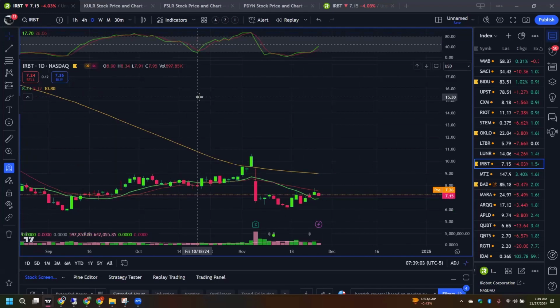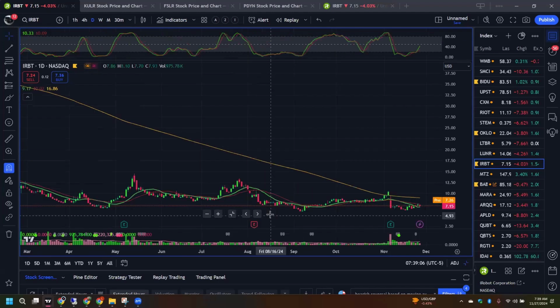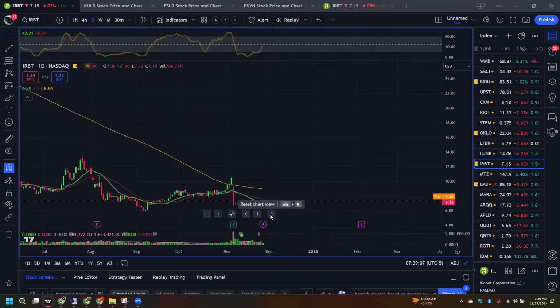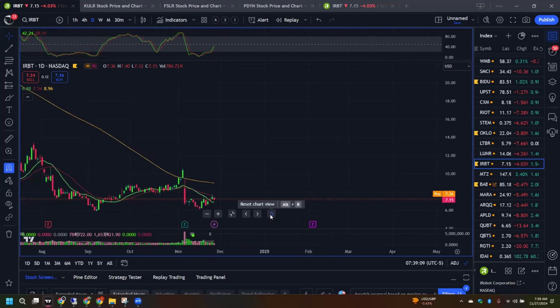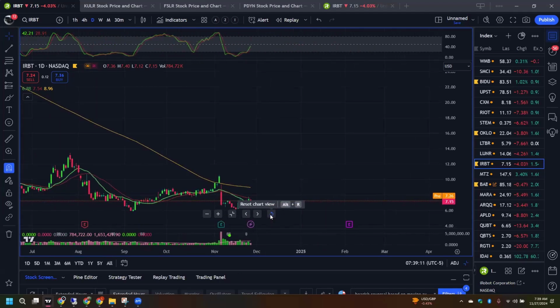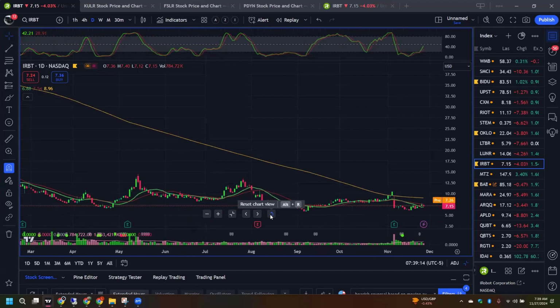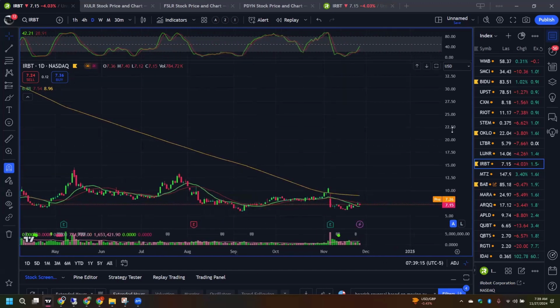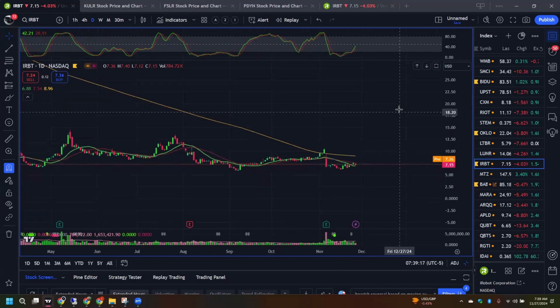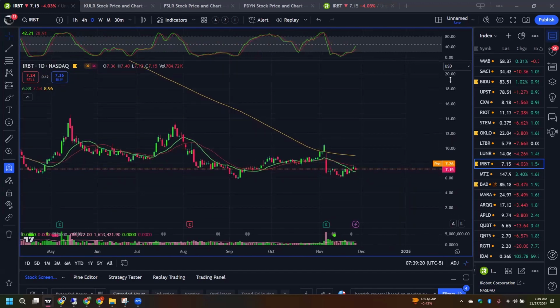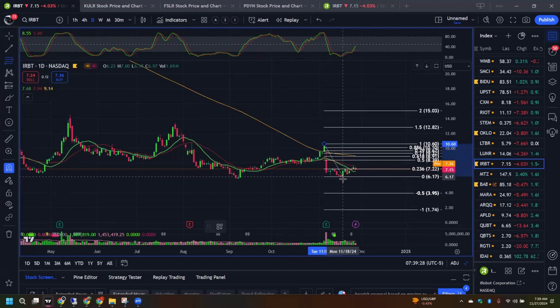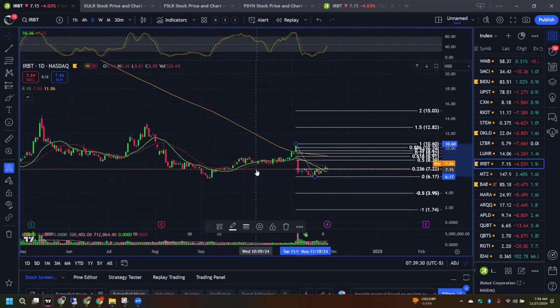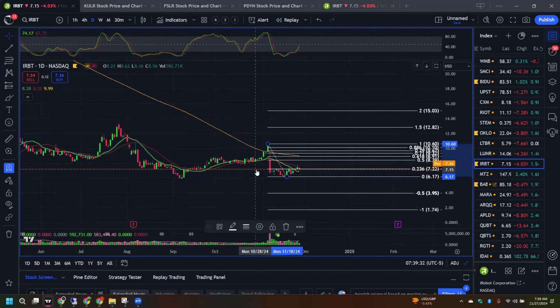Going to drop down to the daily, reset the chart, try to find an appropriate place to draw a fib. Not really seeing it, so we'll use this bearish area here. Draw our fib from top to bottom, and we're pretty much done there.